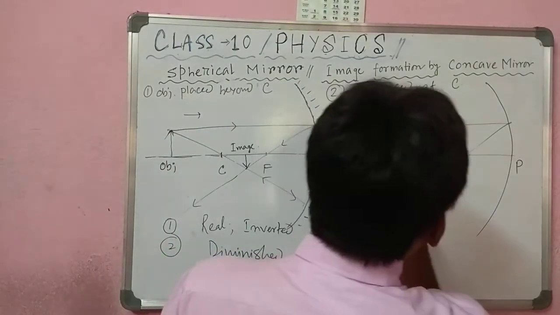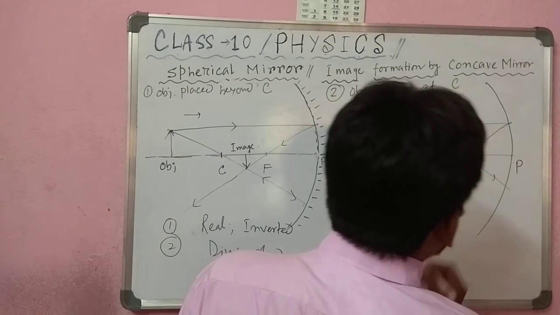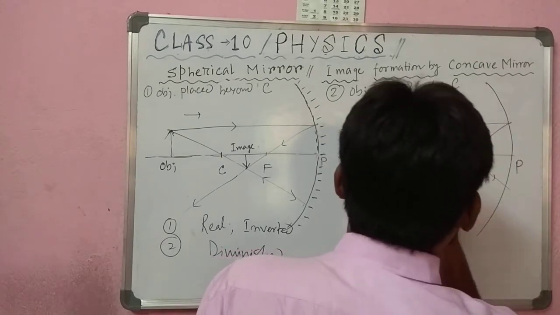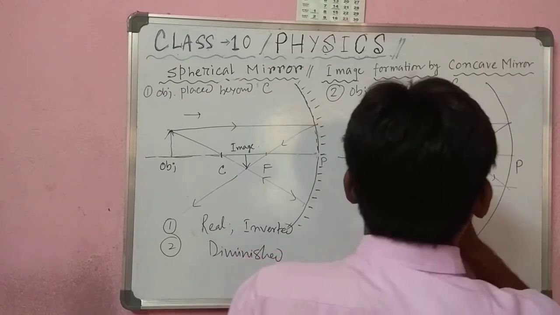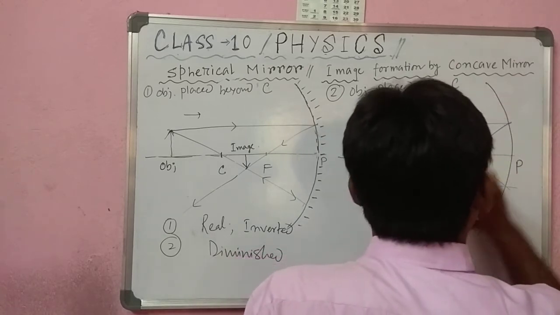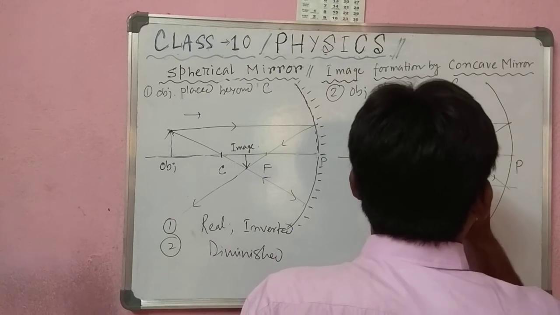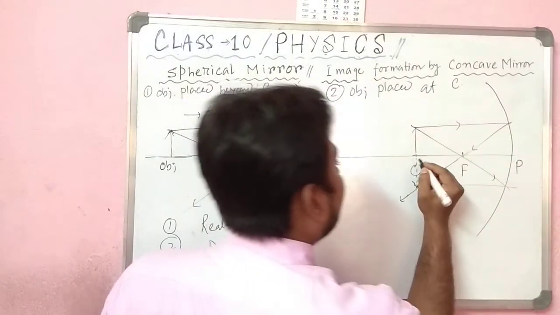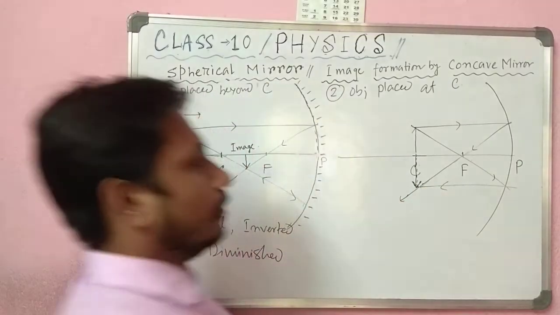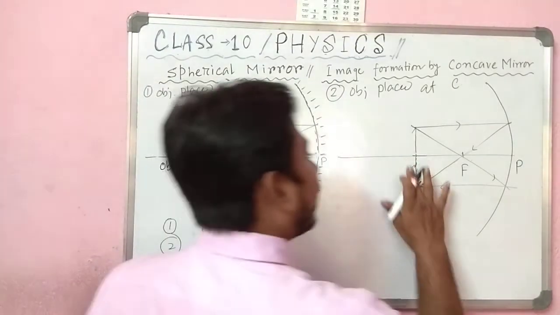So you can draw it from the focus like this, and it will meet at the point of the center of curvature. Actually, by scale you can make it correct. So at that point we will get a real image. Why real?